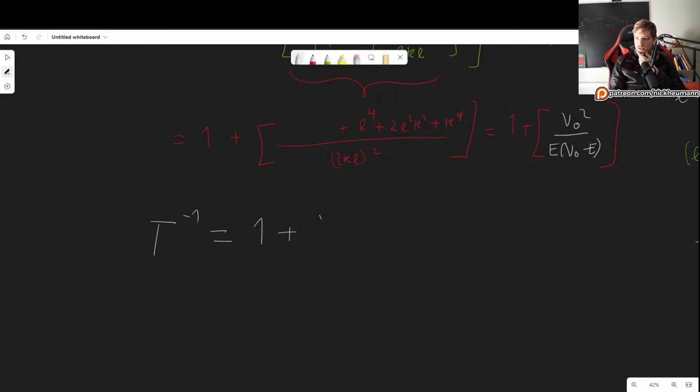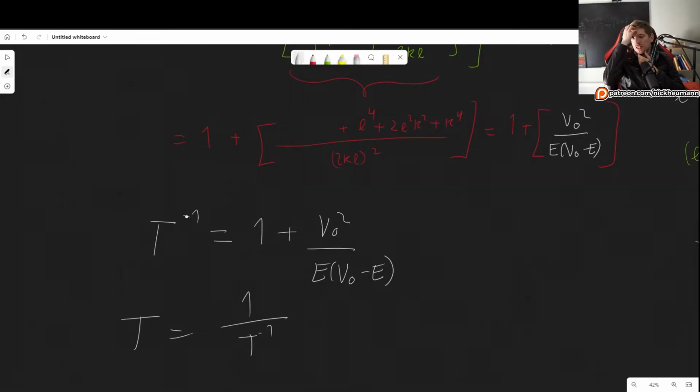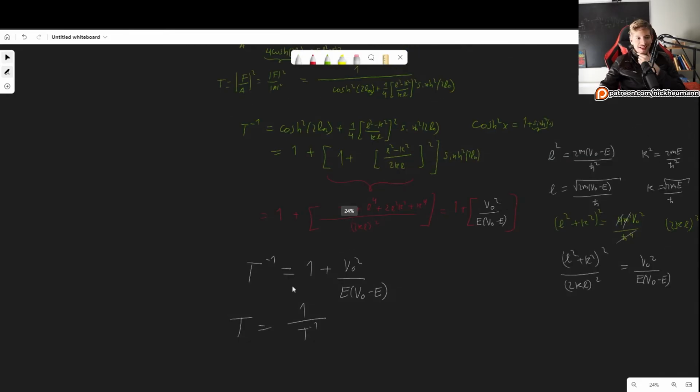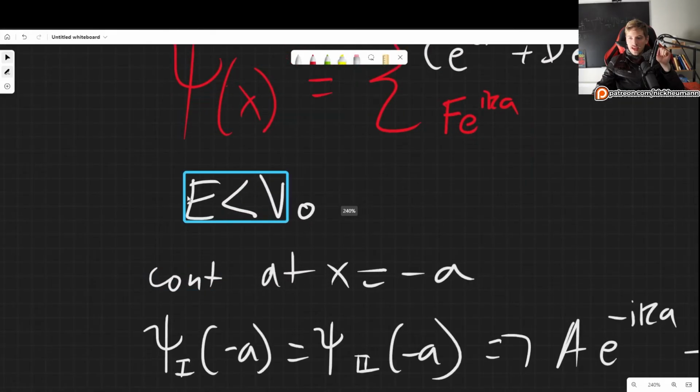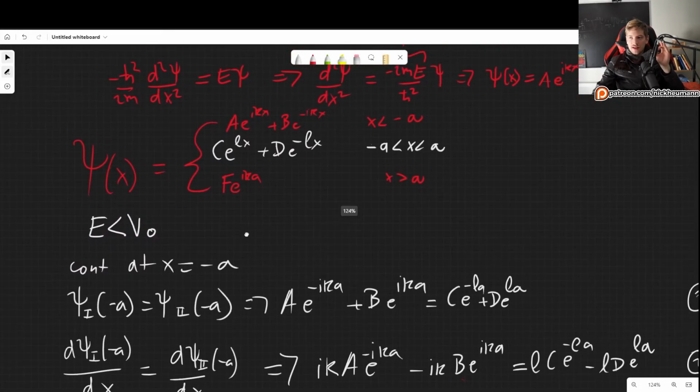So 1 plus V0 squared over E(V0 minus E). And of course, T is 1 over this thing, right? But writing it as T to the minus 1 is a bit cleaner. So there we go. This is the transmission coefficient for the first case, when the energy was less than the potential.